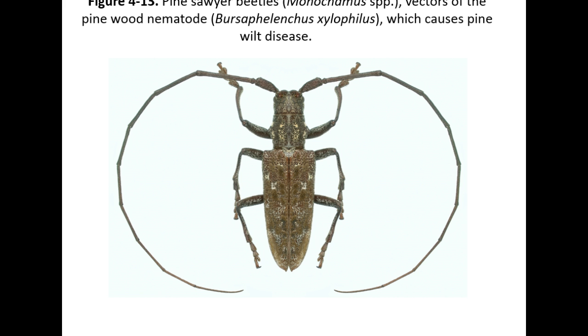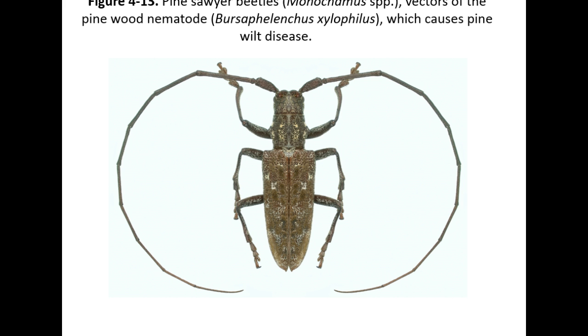The pine wood nematodes are carried in the trachea of the sawyer beetle, which is the picture I'm showing here, and its respiratory system, and emerge when the beetle feeds on a new host. So then the nematodes colonize the new host and cause the pine wilt. And they can travel in wood chips or unseasoned lumber, and several weevil species are vectors of the red ring nematode, and they can actually lead to the red ring disease of coconut palms.